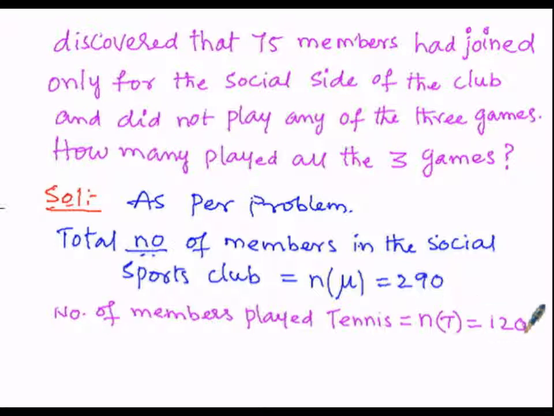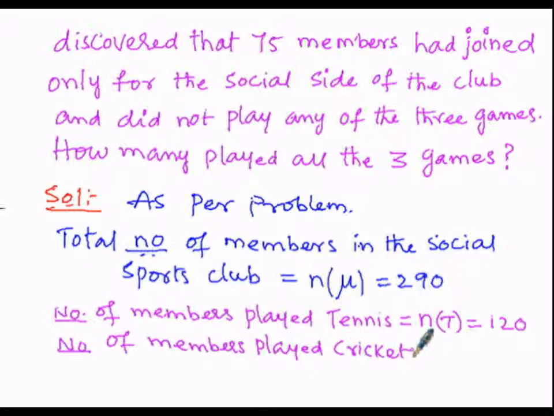And in the similar manner, n indicates the number of members who played cricket. I am going to indicate cricket by capital C. So n of C, the number of members who played cricket, is equal to 110.